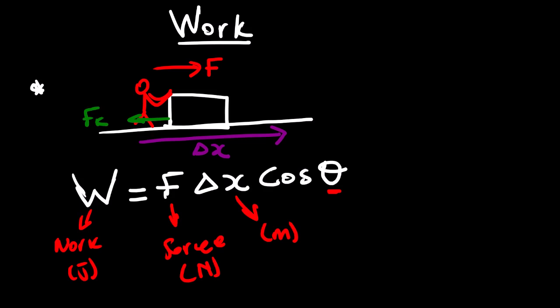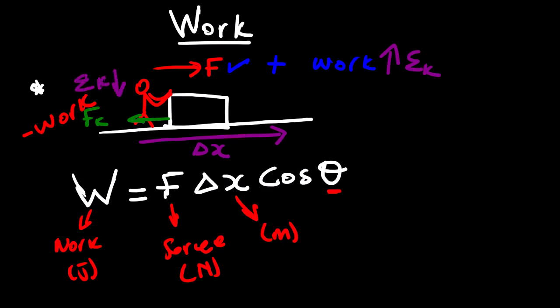Between the two forces, this force will do a positive work on the object, and kinetic friction will do negative work on the object. For the positive work, just know that kinetic energy is increasing, and for the negative work, kinetic energy is decreasing.